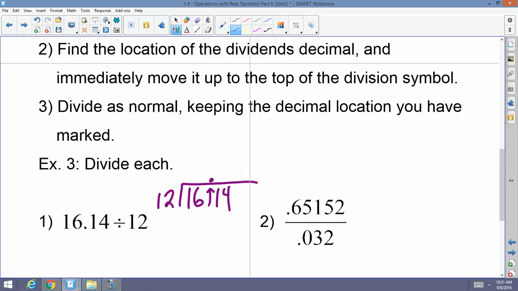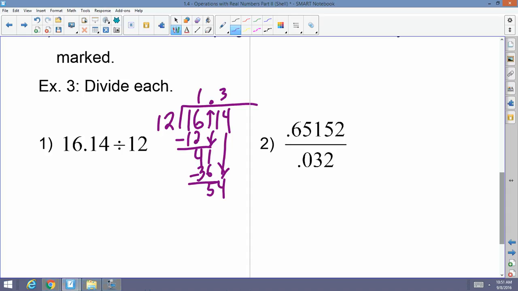So now, 12 goes into 1 0 times. 12 goes into 16, though, 1 time. It's 4. Drop that down. 12 goes into 41 3 times. It's 36. So that's 5. Bring down that 4. 12 goes into 54 how many times? 4 times, that's right.